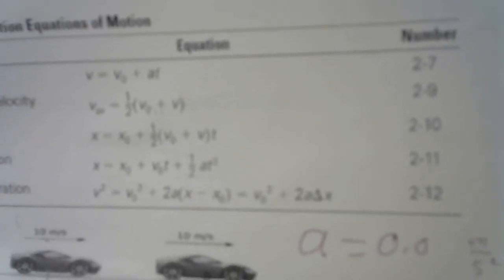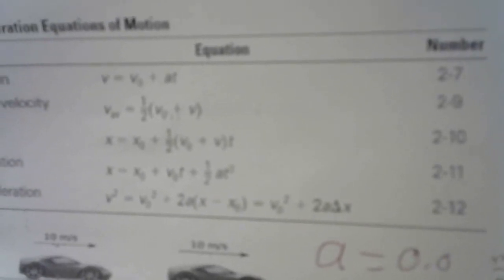What if I have the acceleration? I would use the fourth one, this one. I can find the position, I have the time, I have the acceleration, I have the velocities.